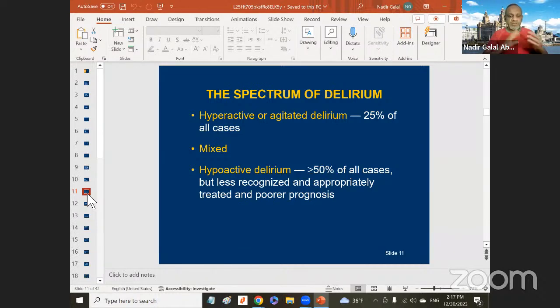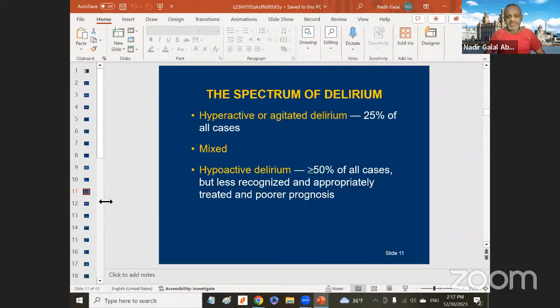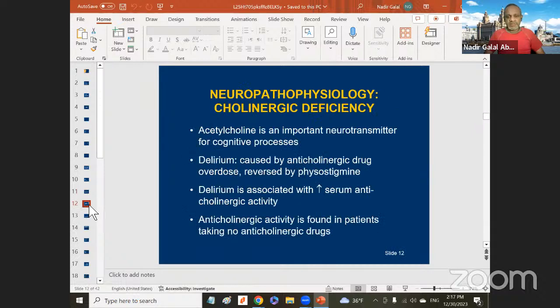The other component on the other side is hypoactive delirium, which is 50% of cases or so. The other classification is mixed, so the patient may have the 2 classes together.